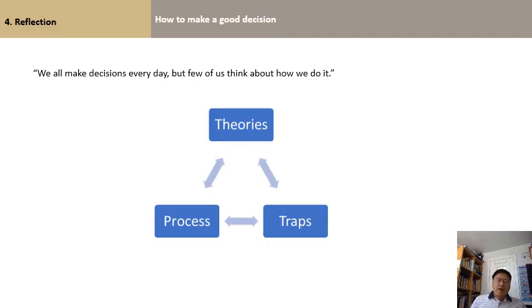Based on my personal experience, I believe in order to make a good decision, at least we need to think about three aspects. The first one is how you define the decision-making process. The second one is whether you can avoid the major traps or biases of decision making.